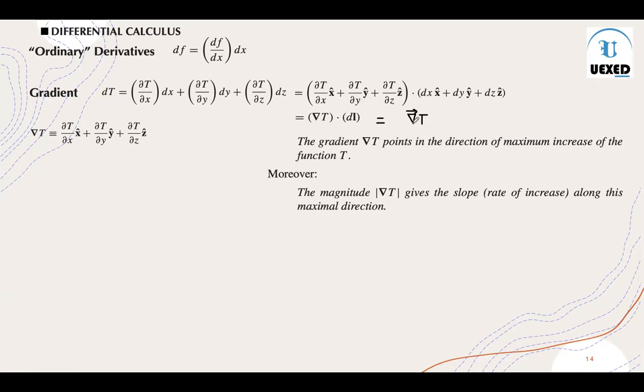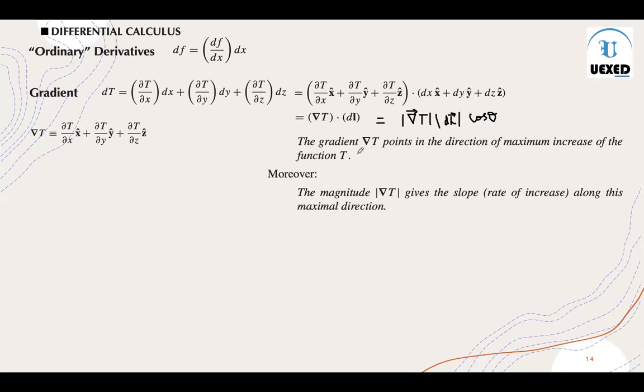So you can write delta t, you calculate the magnitude, multiply with the magnitude of dl vector. And since this is a dot product, there would be a cos theta. Okay. So now for theta equal to 0, this is going to be a maximum quantity. Okay. So that's what we mean by this statement.